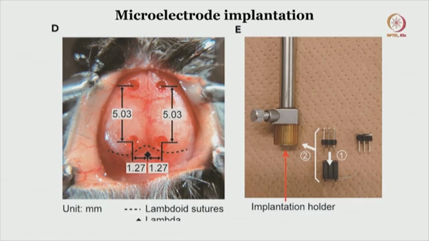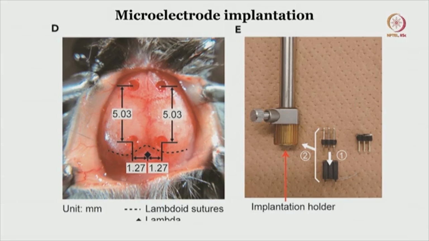So, it is very important where you are going to implant these electrodes, and these are the coordinates that have been shown with respect to the lambdoid suture, the bregma point and the lambda point. This is how you mark it and then make the burr holes respectively, and then get your implant on the implant holder. Try and see the difference in the adapter that is being used here.